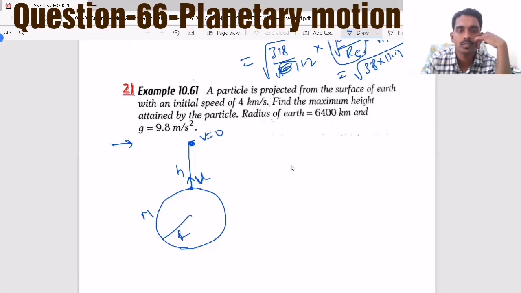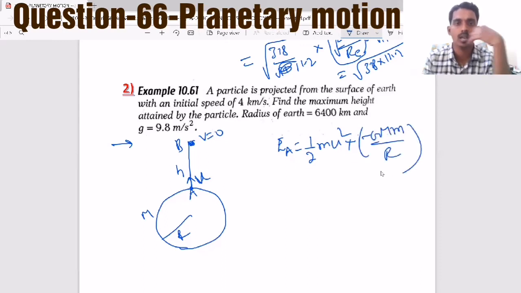Let's take this speed as u. Now let's take this point A, this point B. Now at A, the total energy is kinetic energy half mu squared plus potential energy minus GMm by R.